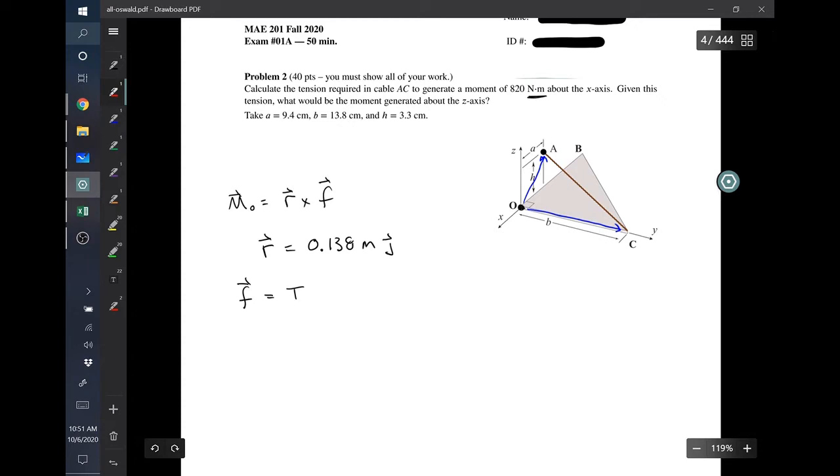Cables and ropes have to pull, meaning that at point C, the tension is going to be pulling. Let's call this F, it is going to be pulling on point C. So it has to be an arrow going from C to point A. And so if we think of this, to go from C to A, in the x direction, we're going to go negative A, and A is 9.4 centimeters.